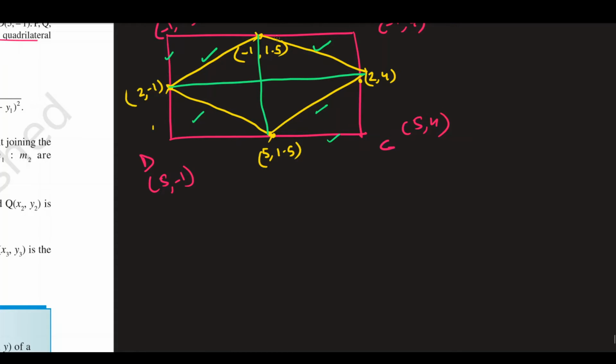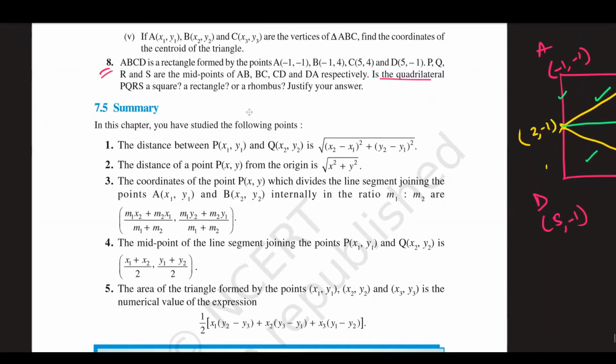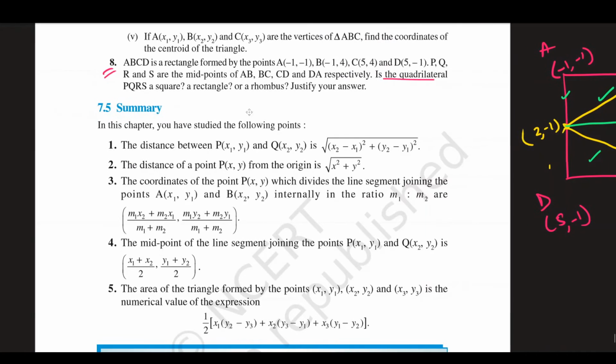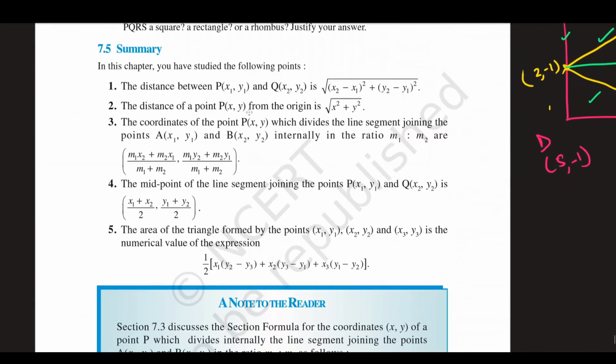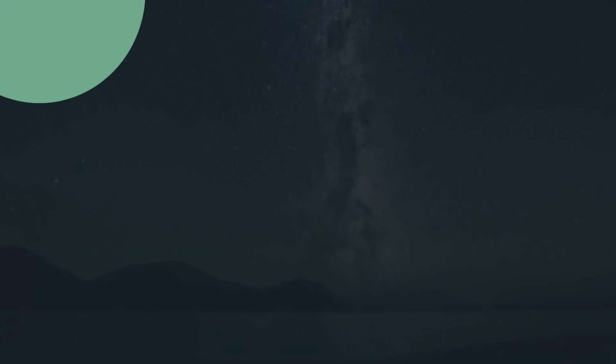Okay, now it is an easy question. And for justification you can use the fact that if it is a rhombus, all its sides should be the same. Clearly the lengths of the diagonals are not the same, and with this question we end this chapter, and you can do this exercise.